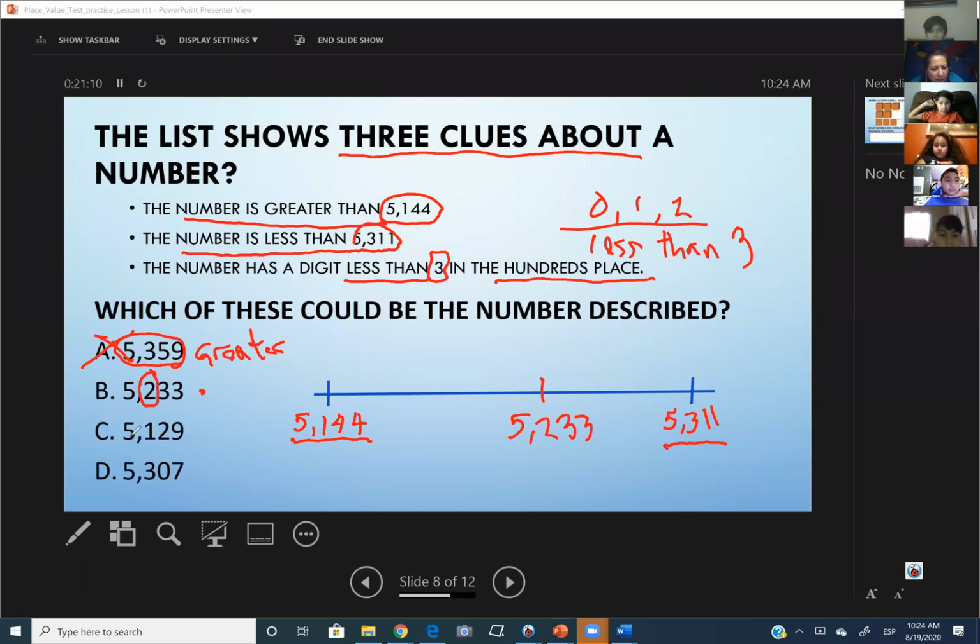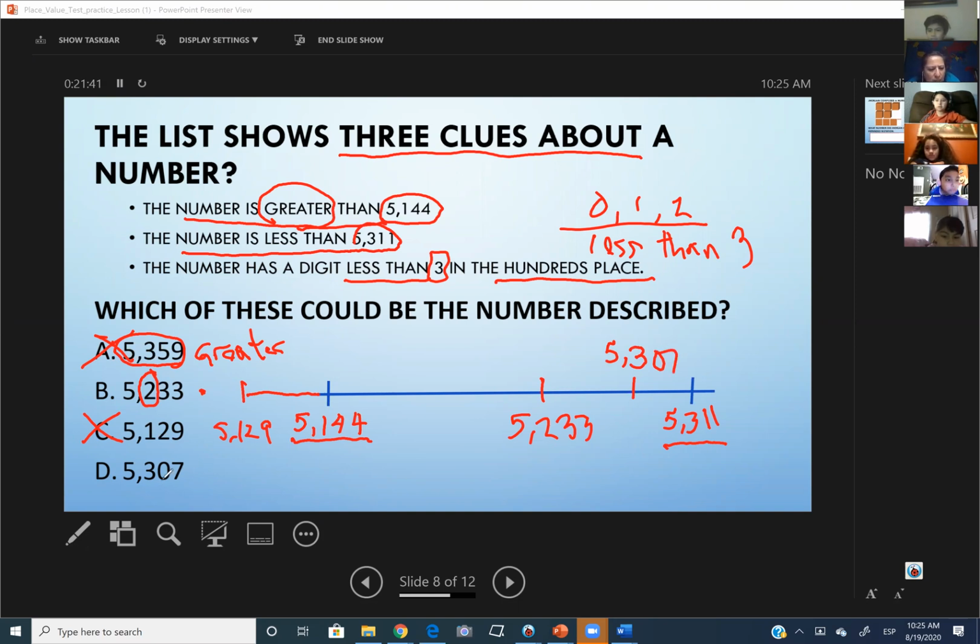Let me see, 5,129. So 5,129 is less than this number, somewhere here. So it cannot be my answer because here says it's greater than that number. So C cannot be my answer. And the next one, 5,307, is somewhere here, very close to 5,311.